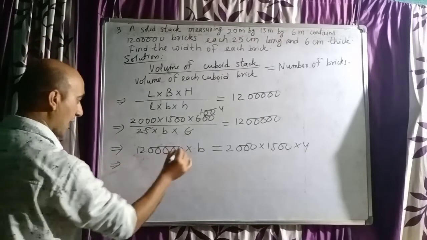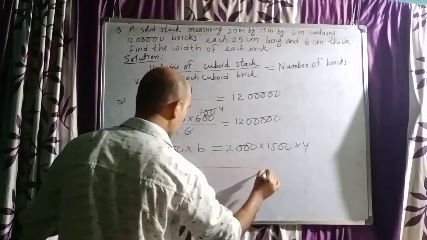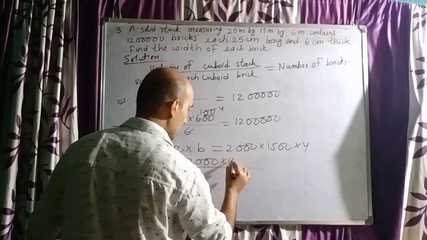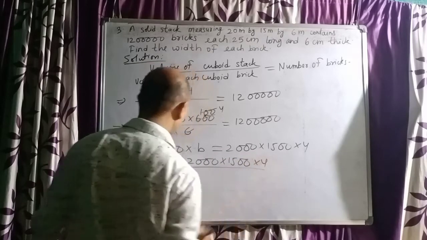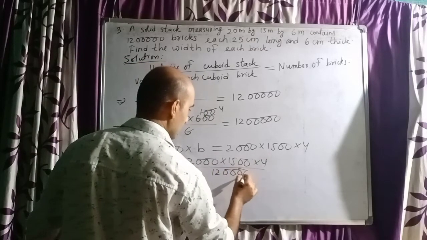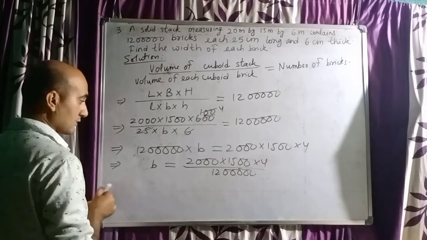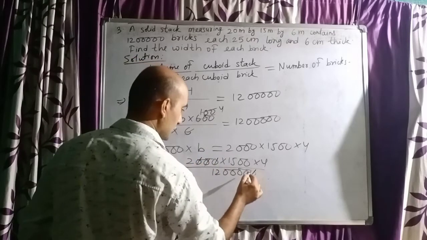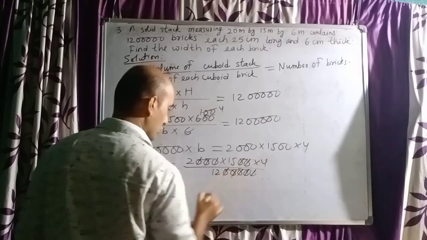So what I will do is make B alone, then those numbers will go and divide. So our final result is about to come: 2000 into 1500 into 4 by 12 lakhs. Now you can cancel the zeros as per the requirement. Here 3 zeros you cancel, here also 3 zeros will cancel. You cancel these 2 zeros, these 2 zeros also will cancel.